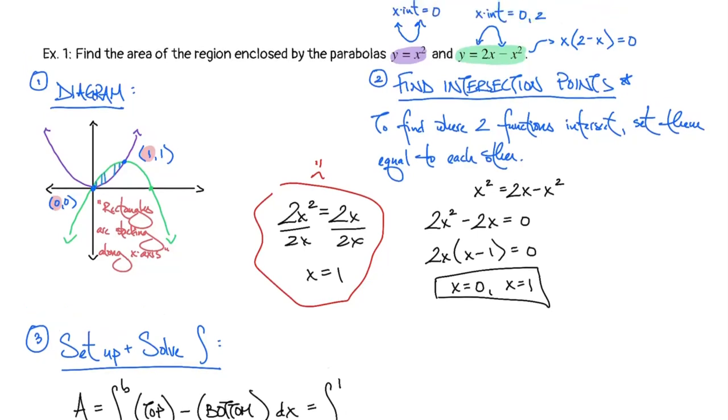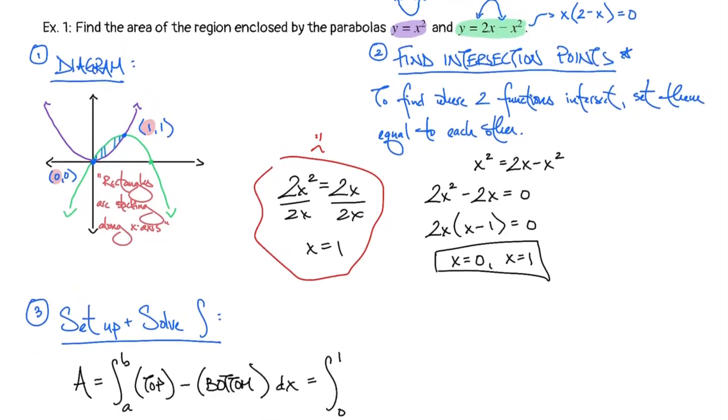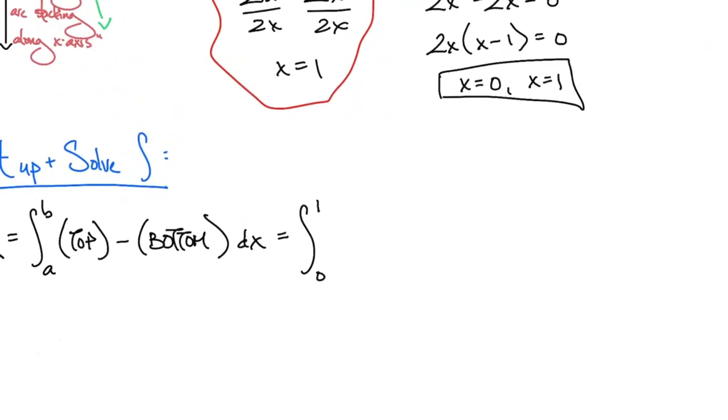But our green function, the 2x minus x squared, is the top function, and our x squared, the purple one, is the bottom function. And so we just want to do this: 2x minus x squared minus x squared dx.